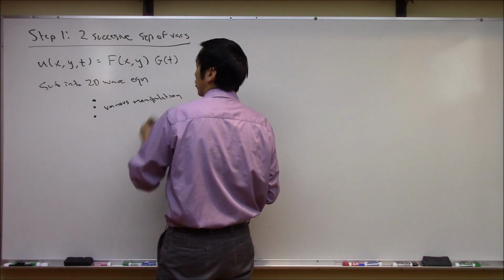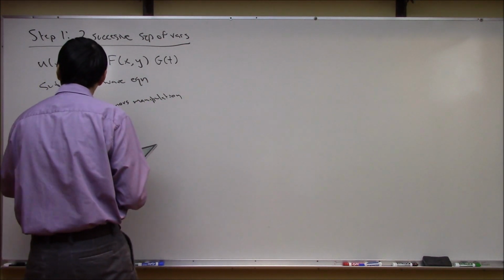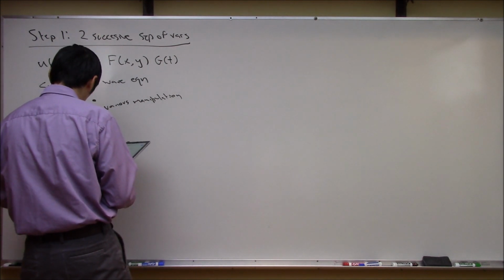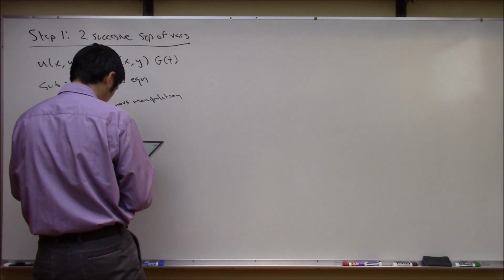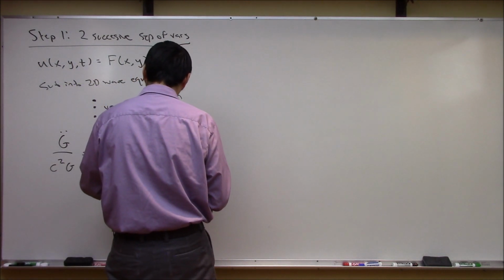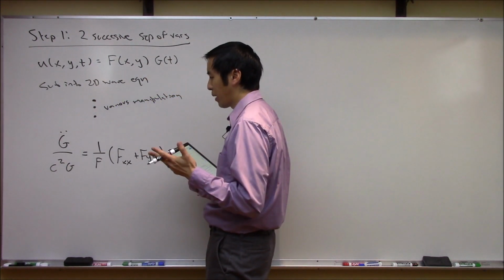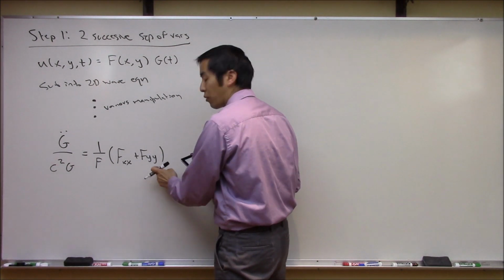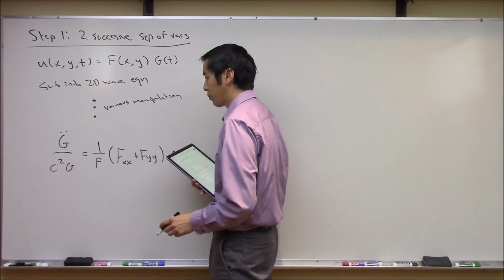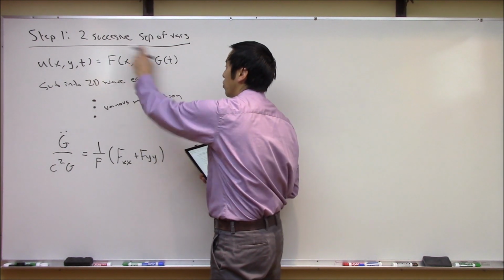They're just simple algebraic manipulations, but in the interest of time, let's just say that you can get this to look like g double dot over c squared g is equal to 1 over f times (f_xx plus f_yy). Again, noting here that the double dots denote derivatives with respect to time, and the xx or yy subscripts are two derivatives with respect to x, two derivatives with respect to y. So this is what the 2D wave equation looks like if you assume this solution type.